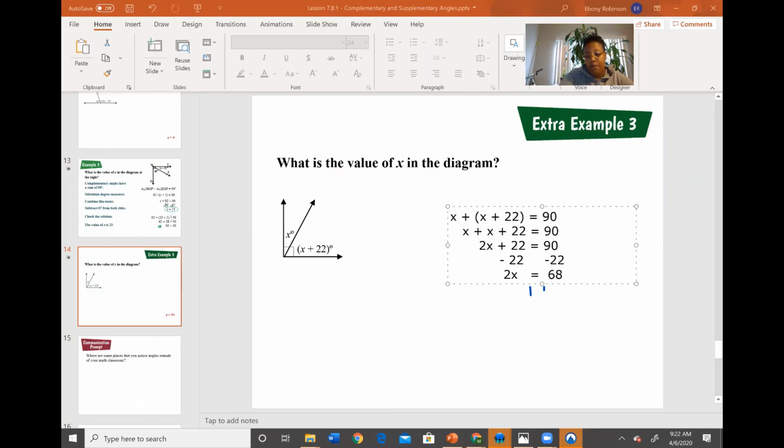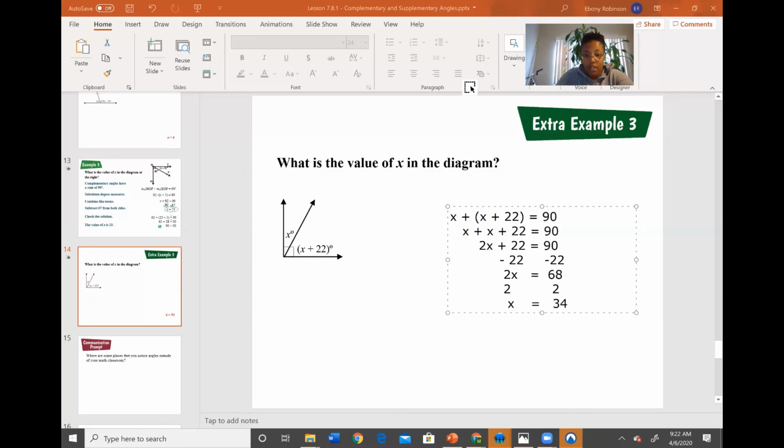I have a one-step equation. When you see a number next to a letter, that's multiplication, so the opposite is to divide each side by 2. The 2's cancel out. I'm left with x. 68 divided by 2 is 34.